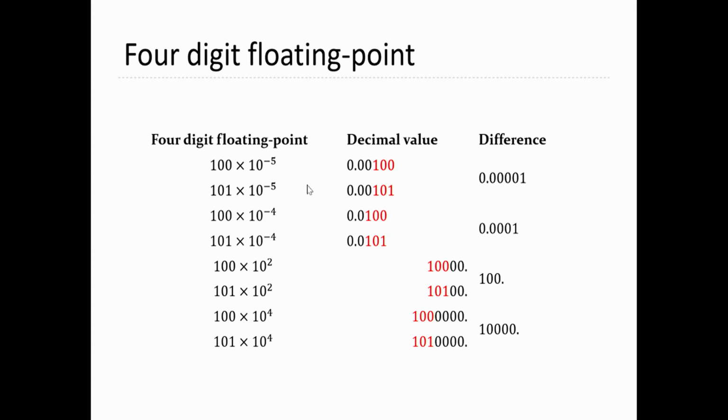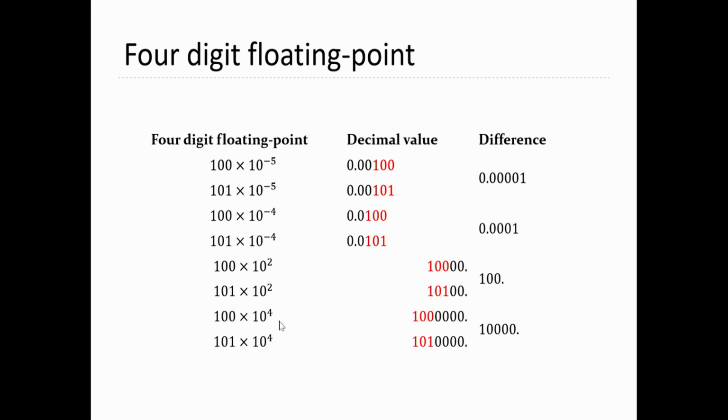So here the difference between these two floating point values, which are as close together as we can make them, is 1 times 10 to the -5. As soon as the exponent goes up by 1, the difference between any two floating point values changes to 1 times 10 to the -4.